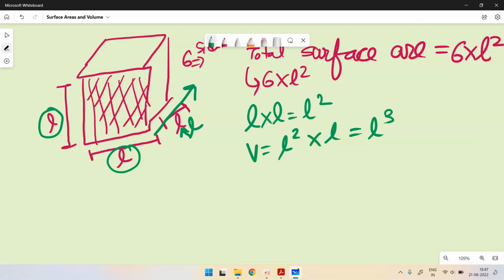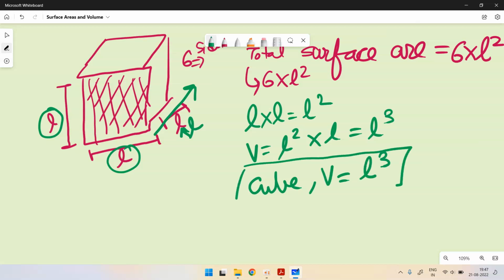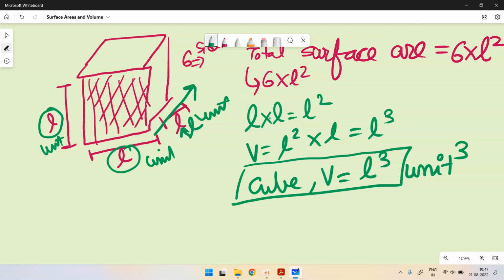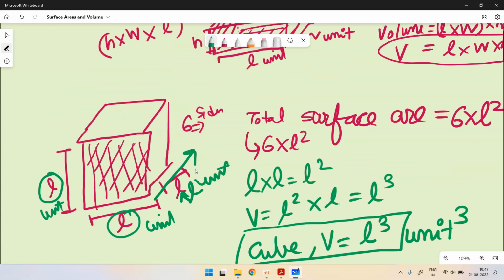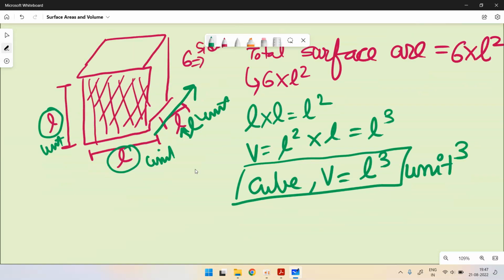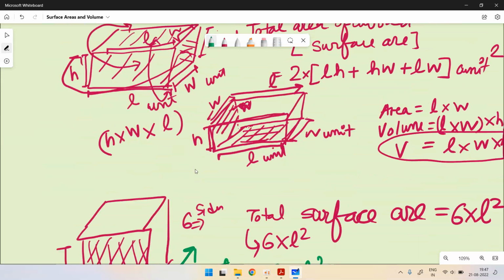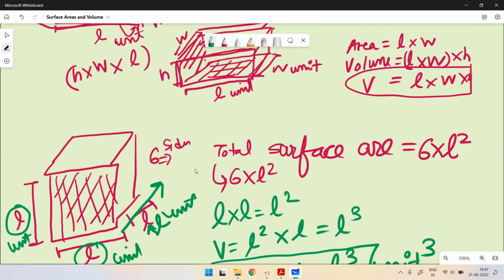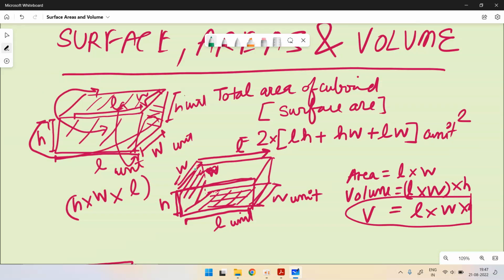So the volume of the cube will be L cube, and the unit is unit cube. Here also this will be unit cube.